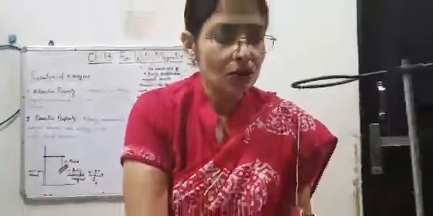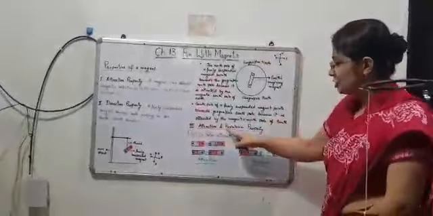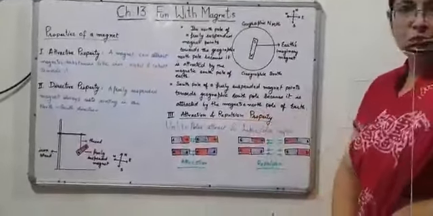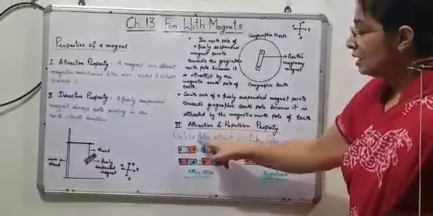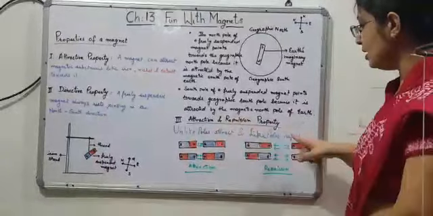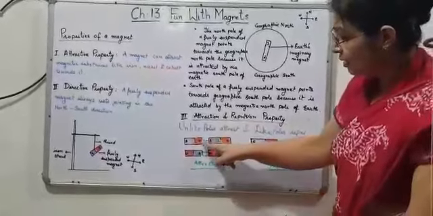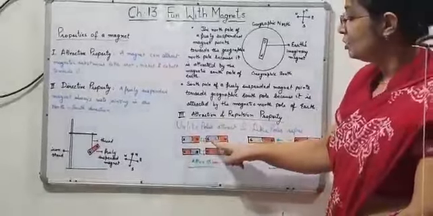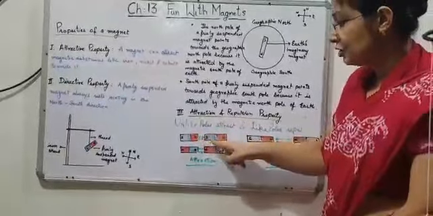So let us come to the third property, that is the attraction and repulsion property. According to this property, unlike poles attract each other and like poles repel each other. For example, if we bring the north pole of one magnet towards the south pole of another magnet, there is an attraction between them.